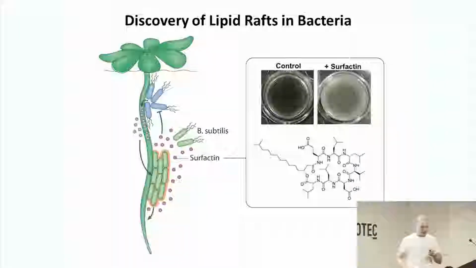So we were studying how Bacillus subtilis attaches to roots or senses others, and we found this molecule, surfactin. It's a small molecule that Bacillus subtilis produces by itself. So it's kind of a quorum sensing. It tells the bacterium how many of those are present in some niche by measuring the concentration of the molecule, and that triggers a response, which in this case is to form these biofilms, these pellicles.